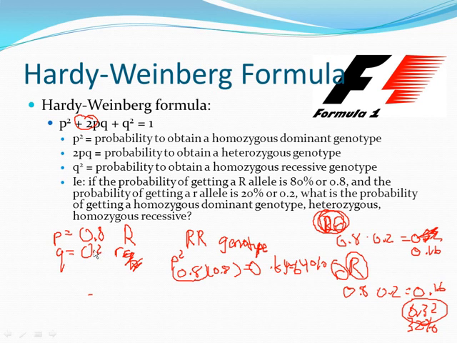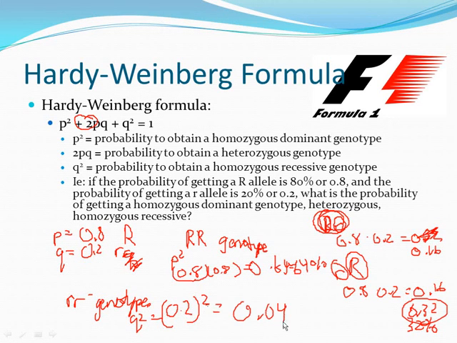Yes, lowercase r is the genotype. And the probability of getting this genotype is 4%. And you got that by q squared, which equals 0.2 squared, which equals 0.04, which equals 4%.